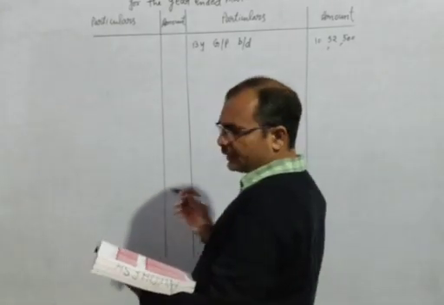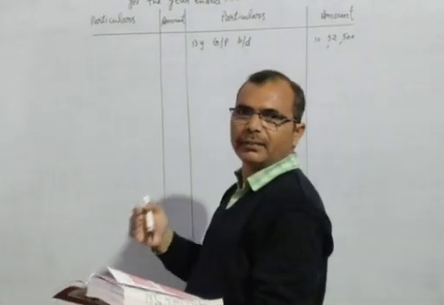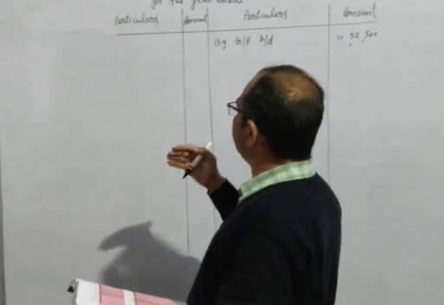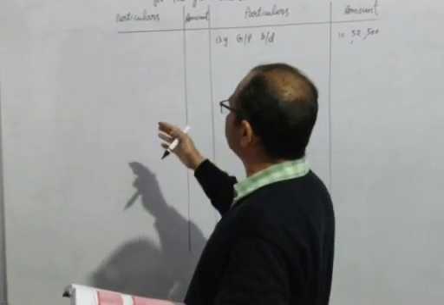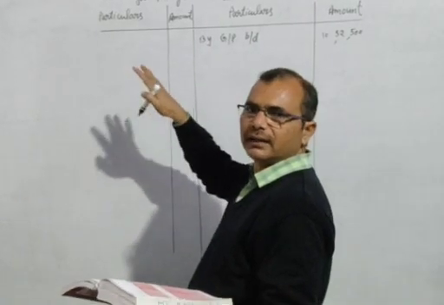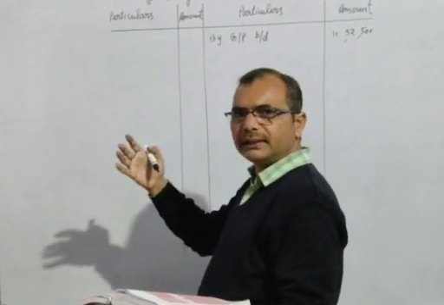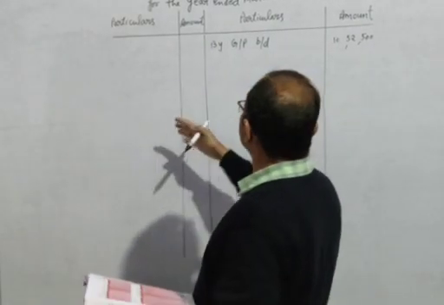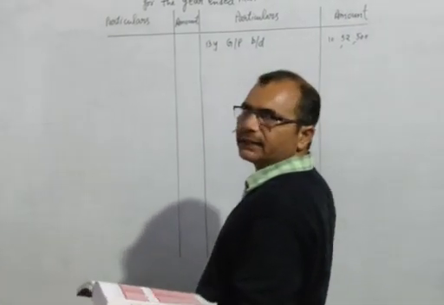Now we will see all the items one by one. If that item is an indirect expense, we will write it on the debit side, and if that item is income, we will record it on the credit side.